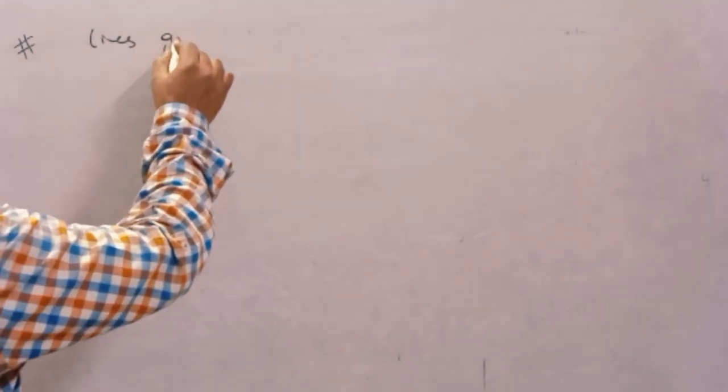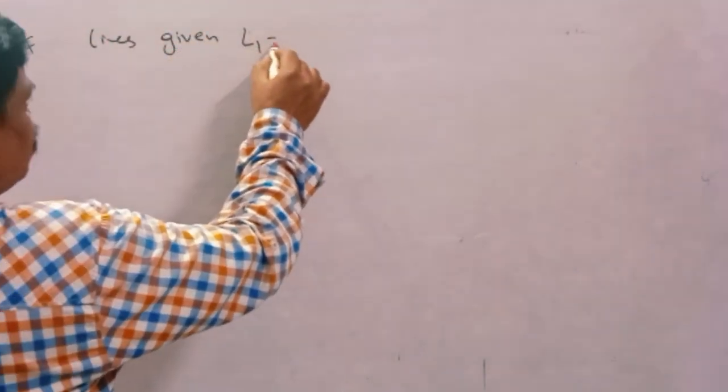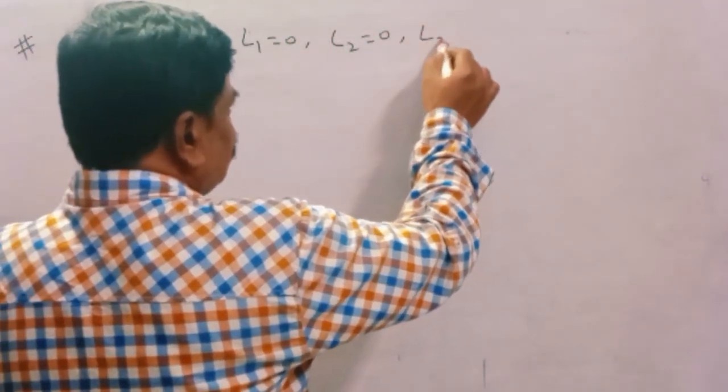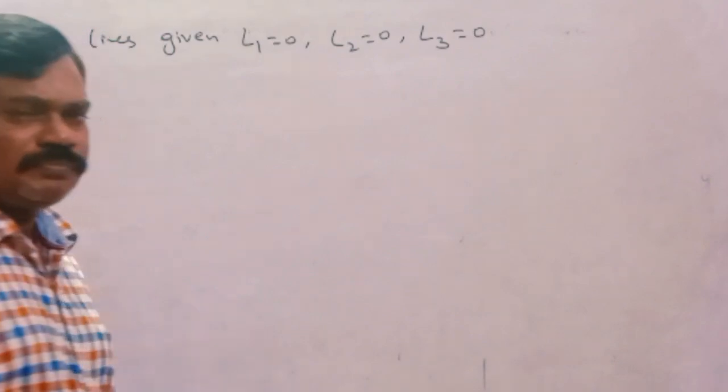And if the circle passes through the lines, so one more. The lines are given: L1 is equal to 0, L2 is equal to 0, L3 is equal to 0.